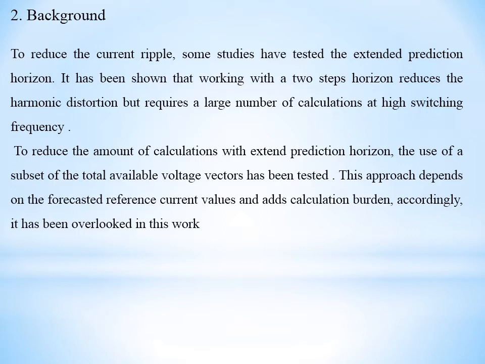To reduce the amount of calculations with extended prediction horizon, the use of a subset of the total available voltage vectors has been tested. This approach depends on the forecasted reference current value and adds calculation burden. Accordingly, it has been overlooked in this work.